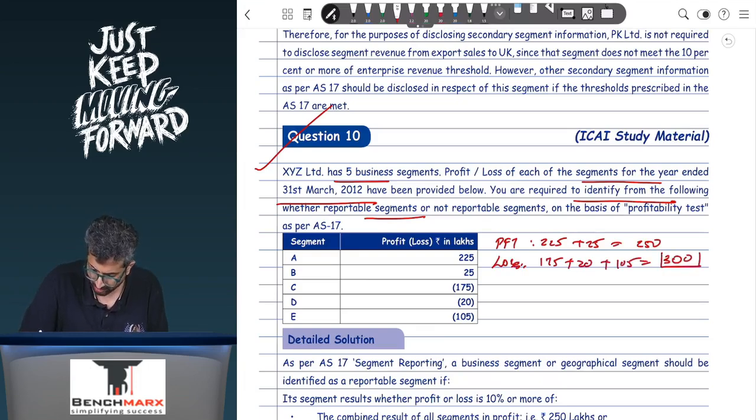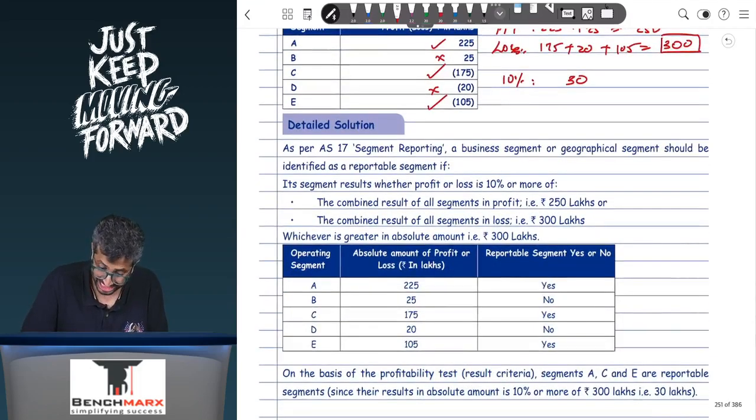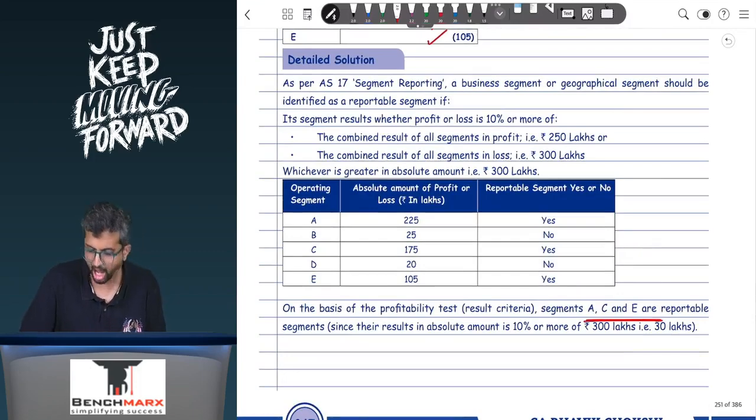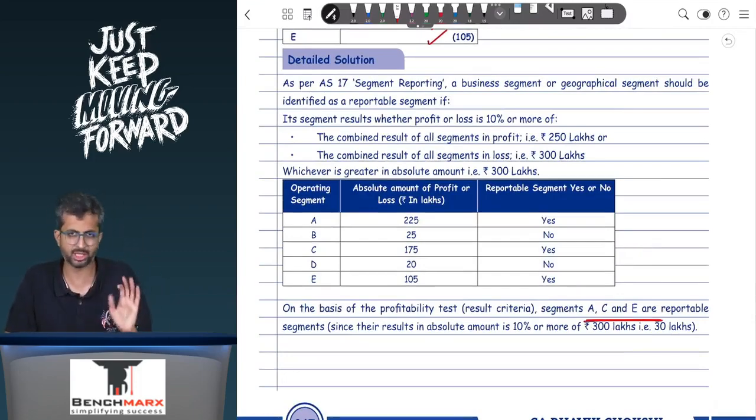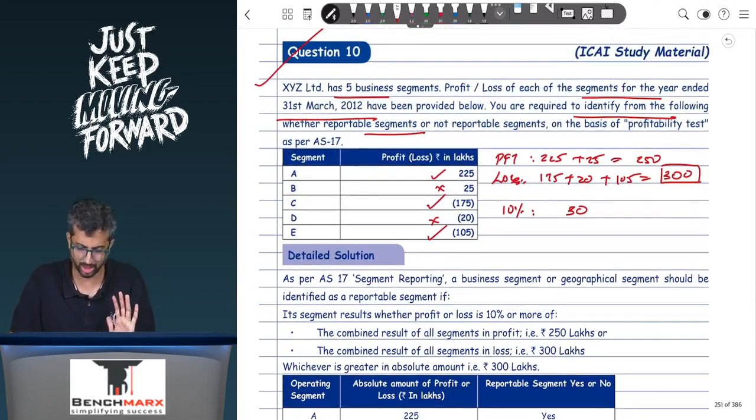So we'll select higher of the two, which is 300, and hence the threshold is 10% of 300, which is equal to 30 rupees. And hence anything greater than 30, that is division A, is reportable, B is not, C is reportable, D is not, E is also reportable. So segments A, C and E are reportable segments. You don't have data for the external revenue check, and hence these are your reportable segments.